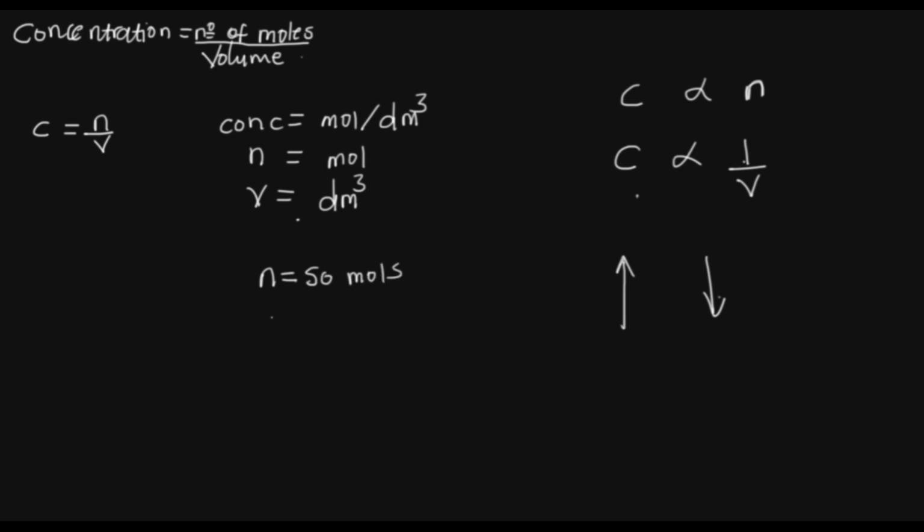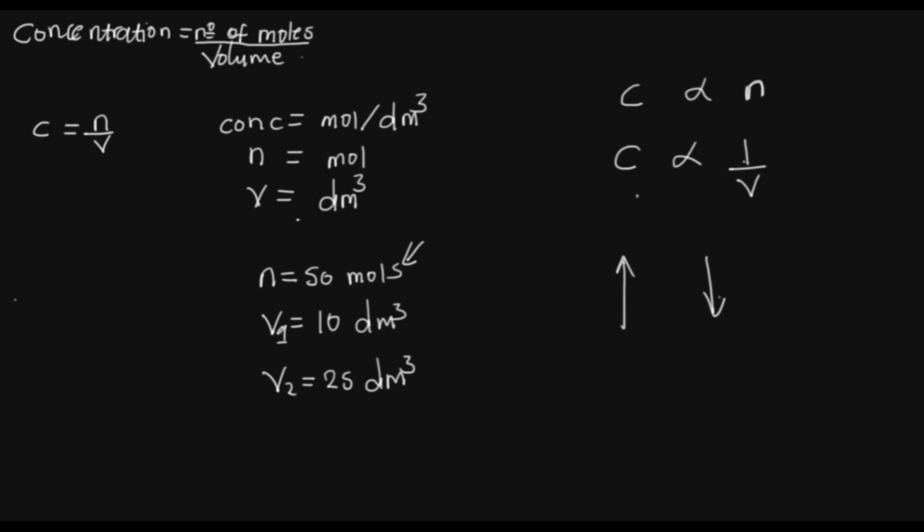Now, we are going to say the first volume, volume 1, is 10 cubic decimeters, and the second, volume 2, is 25 cubic decimeters. We are going to find the concentration for each, provided the number of moles is constant. So we are only changing the volume.